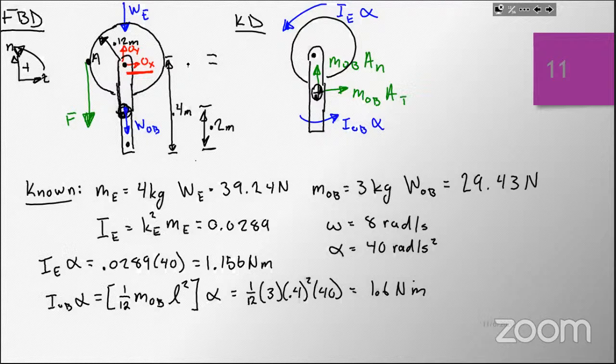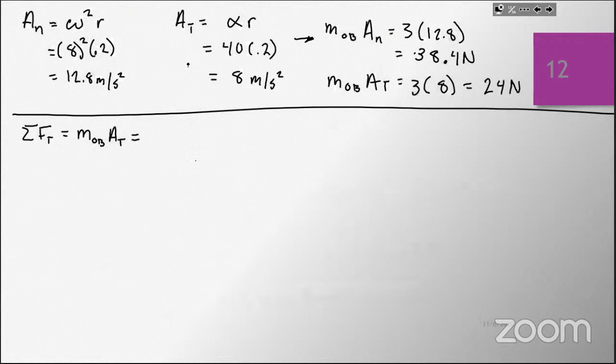So this one turned out to be fairly simple. This is just going to be equal to O sub x. We can solve this directly because we already know that MOB times AT is 24 newtons. We got that. Fantastic. That's one part done.